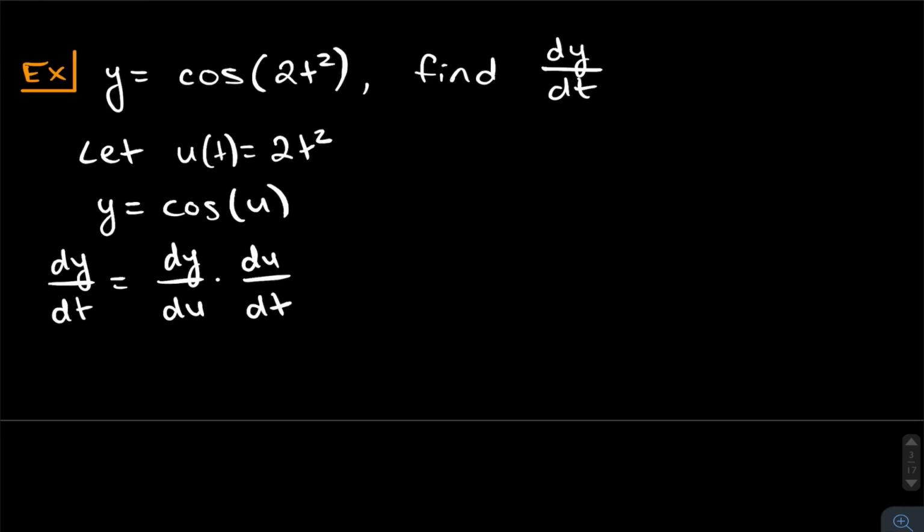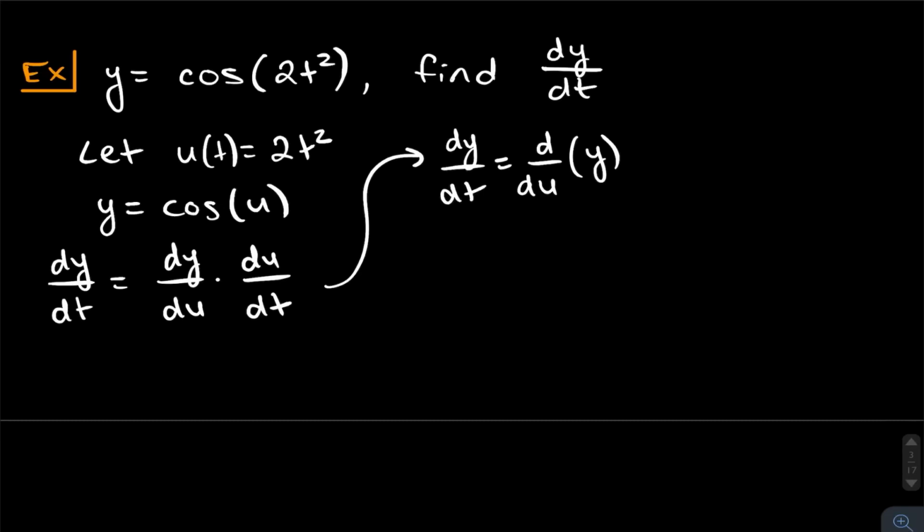We can just start using some notation. All right, we can start splitting this up. Actually, scratch that. I'm going to write dy over dt equals the derivative with respect to u of y.